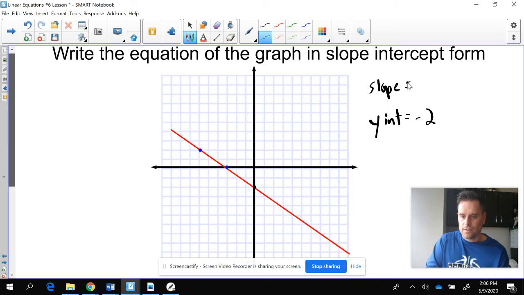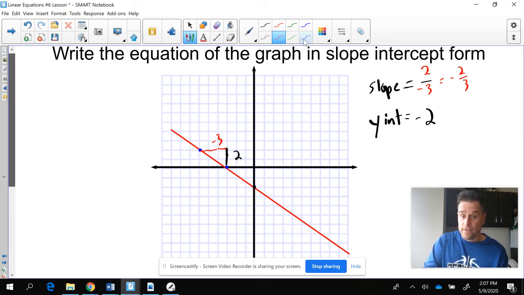And the slope from here to here, do you see how this is negative? So I'm just going to put a negative just so I don't mess up. We're going to rise up 2, and we're going to run to the left here, so that's -3. Remember, it's rise over run. It's going to be 2 over -3, or -2/3.